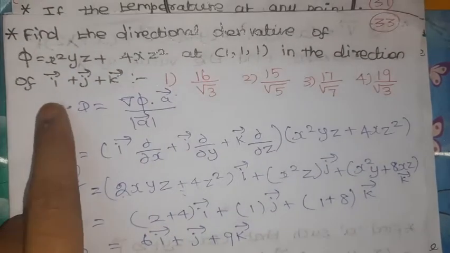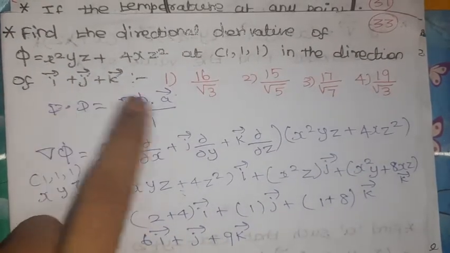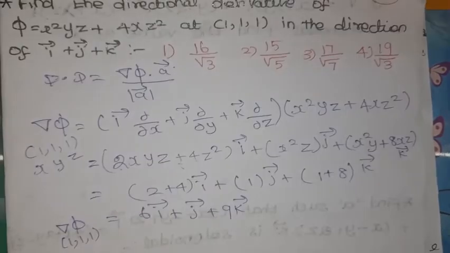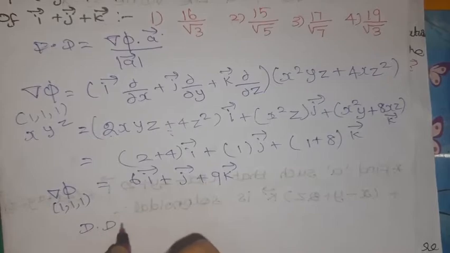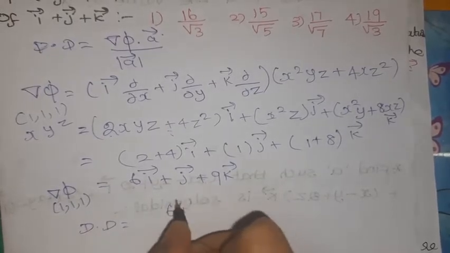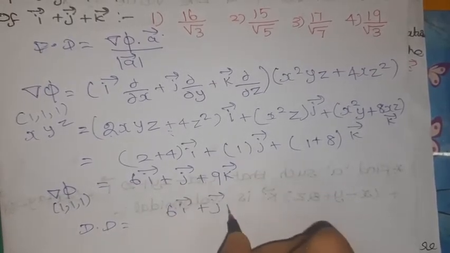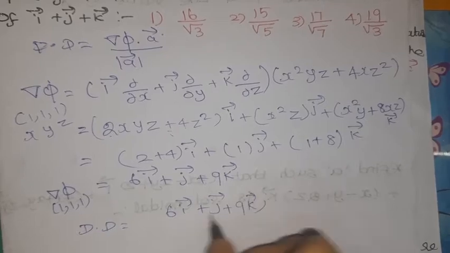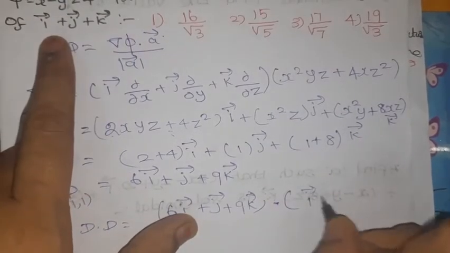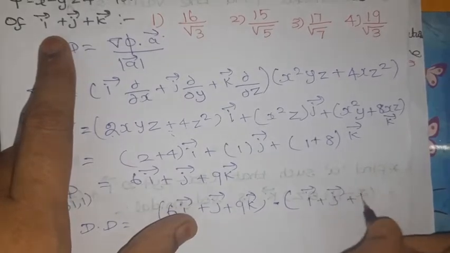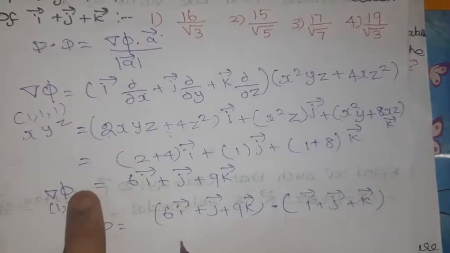We know that the given direction is taken as the a vector. So del phi dot a; just substitute in the formula. Del phi is 6i plus j plus 9k, dot product with i plus j plus k, this is a, divided by modulus a.